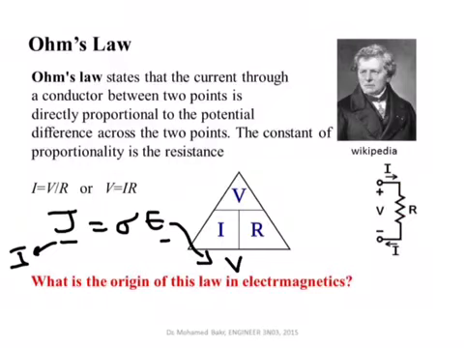Each of these two integrals will give you some constants, and you end up with a relationship where V and I are related together. So I is equal to V over R. This comes from electromagnetics, and for most actual physical structures, we can analyze them using electromagnetic laws to determine the relationship between V and I.